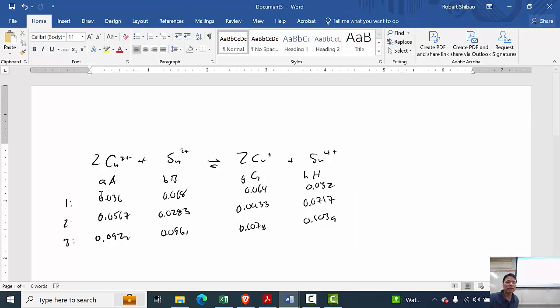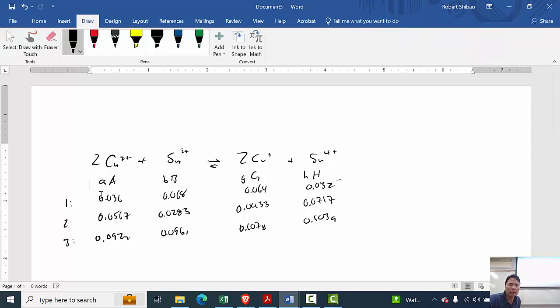All right, these are our 3 experiments, and these are the equilibrium concentrations. After the reaction stopped, this is where we stopped. In the molar concentrations here. And so let's first look at some patterns. And these are just kind of random guesses.